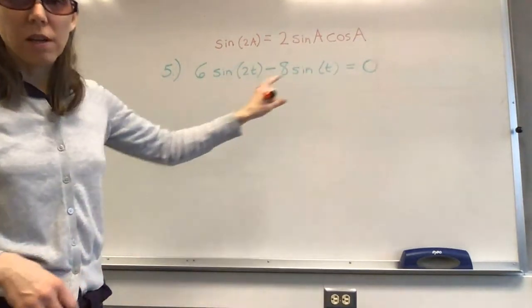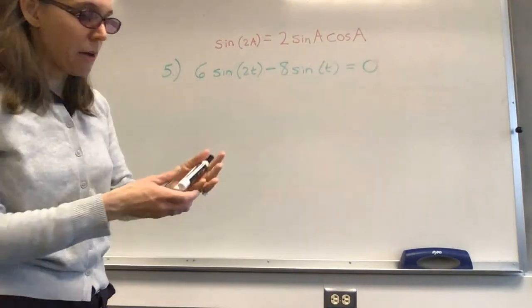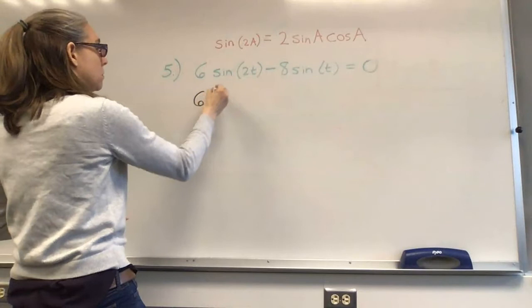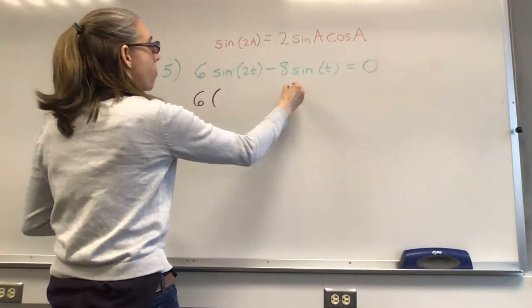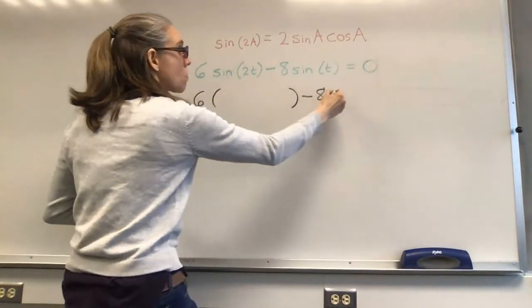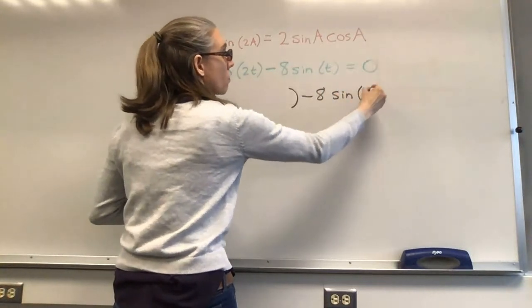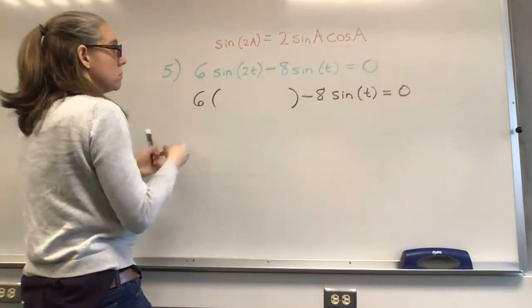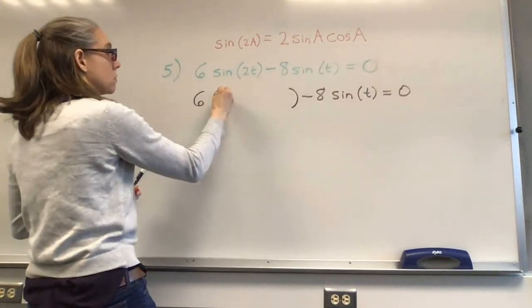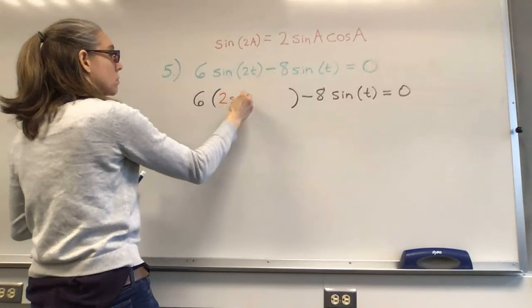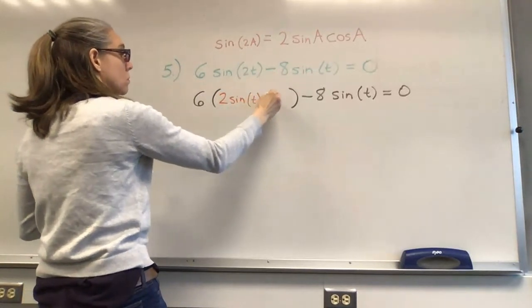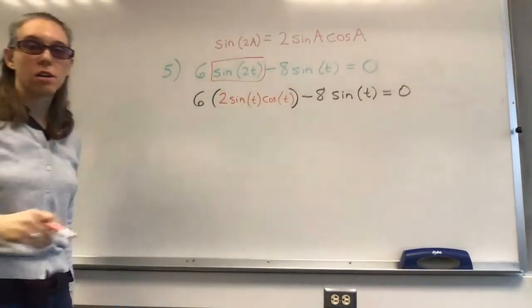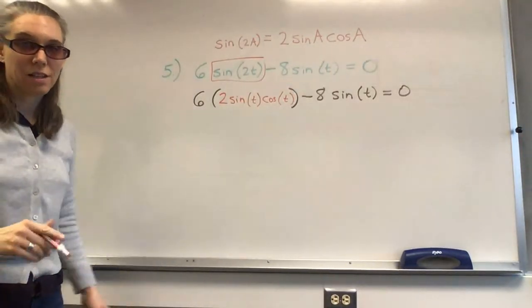And we're just going to rewrite this, replacing the sine of 2t now. So I just replaced the sine of 2t with 2 sine t cos t.